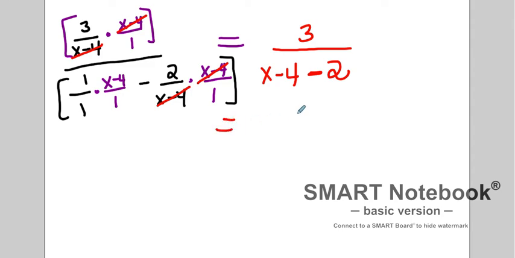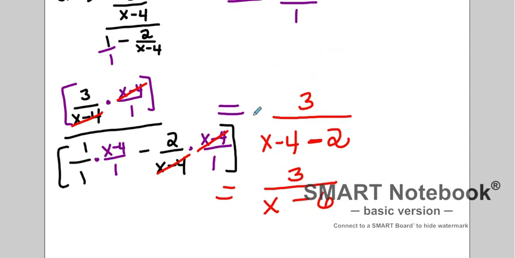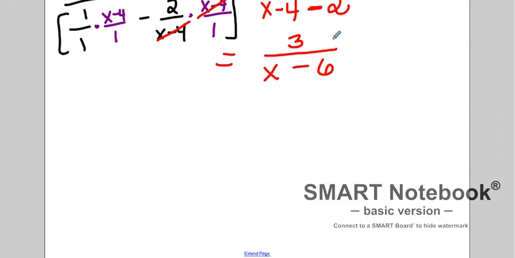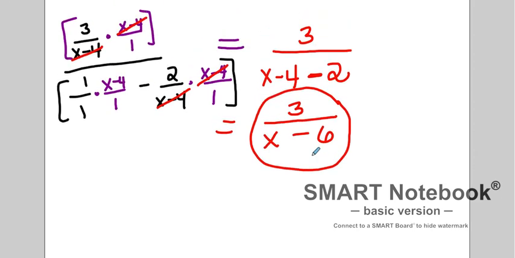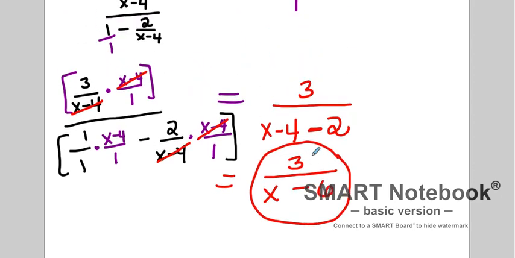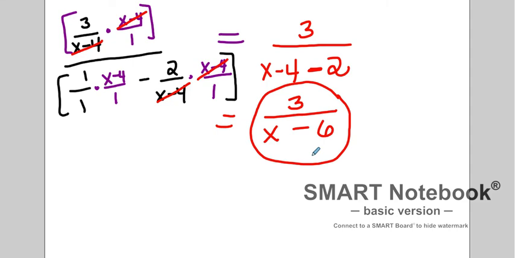Okay, so our final answer then, if we combine like terms in the denominator, would be x and then negative 4 minus 2, x minus 6. And so this is our answer.